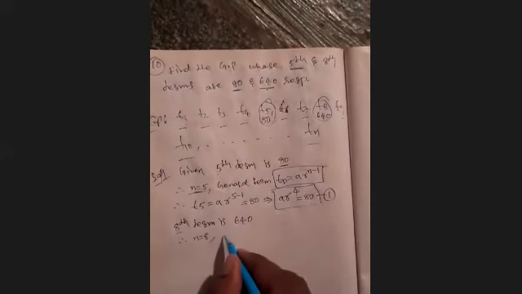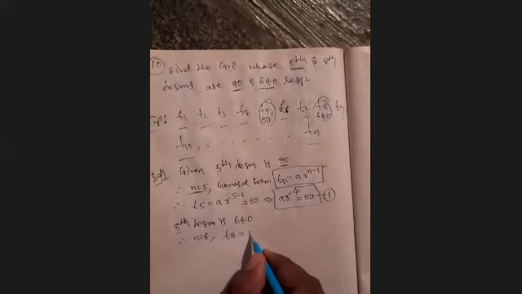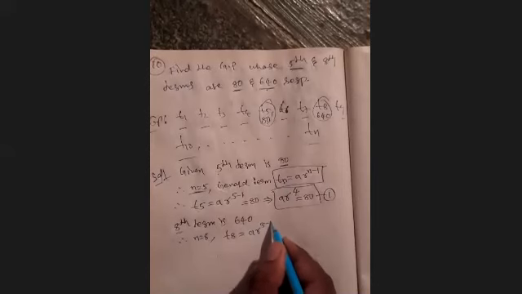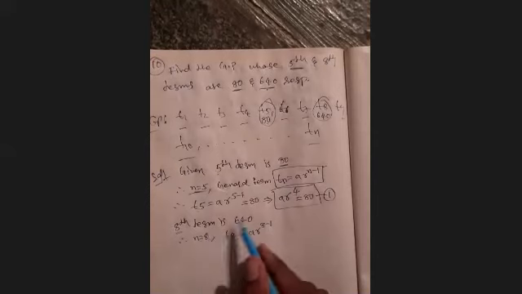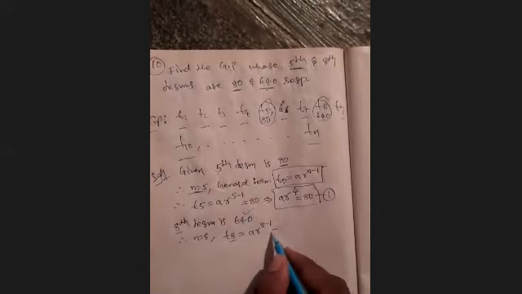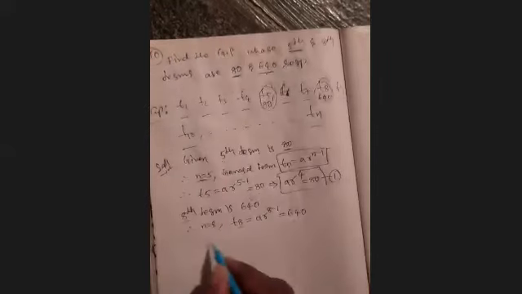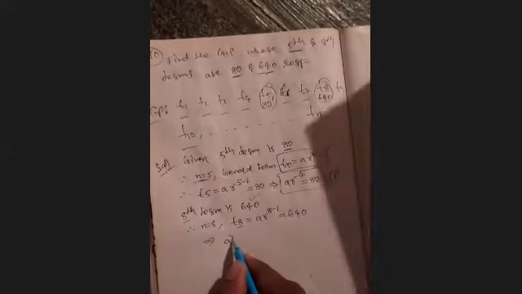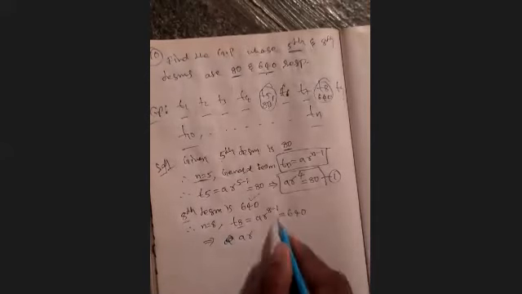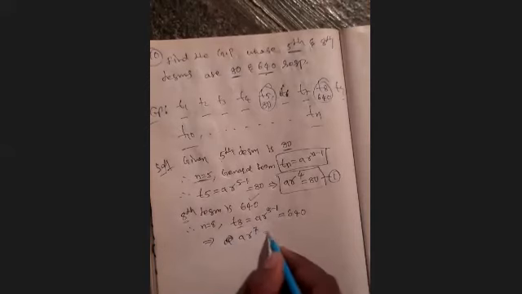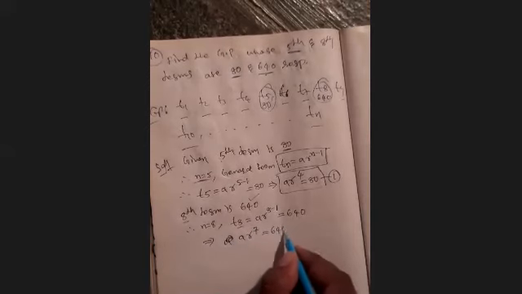Therefore, T8 is equal to a r power 8 minus 1. But this eighth term is given as 640, so this is equal to 640. That implies a r power 8 minus 1, which is 7, is equal to 640. Equation number 2.